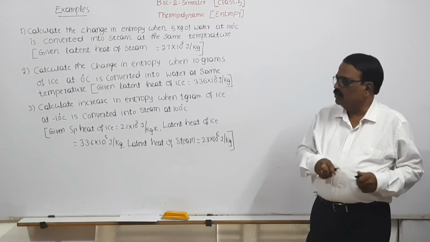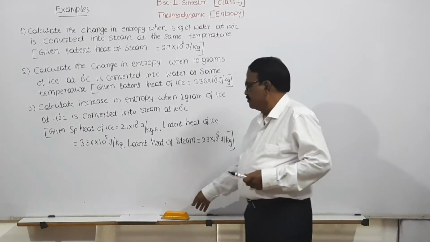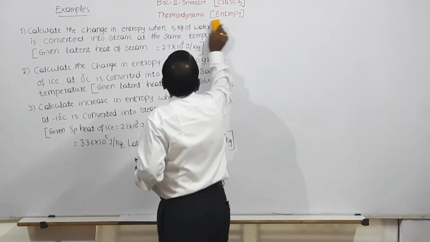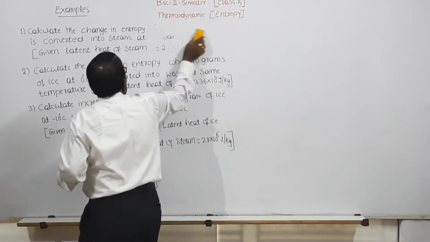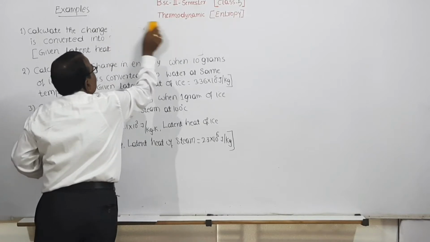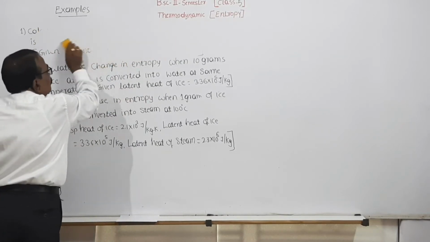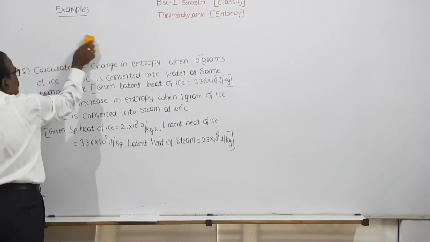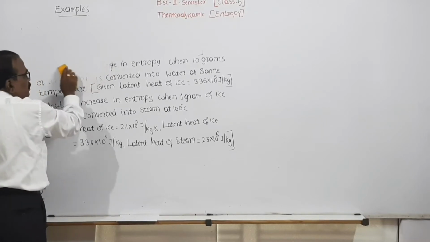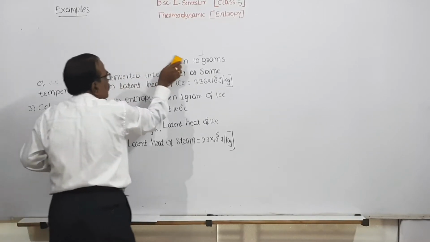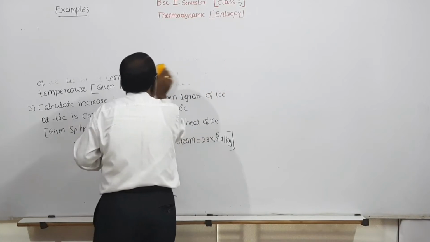Now let us solve this third example. Follow this third example carefully, because if you know how to solve the third example, you can solve any type of examples, particularly in this chapter.